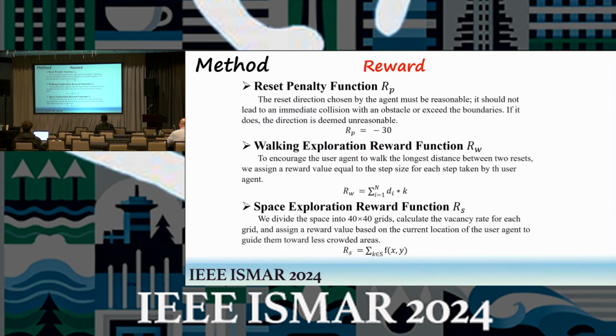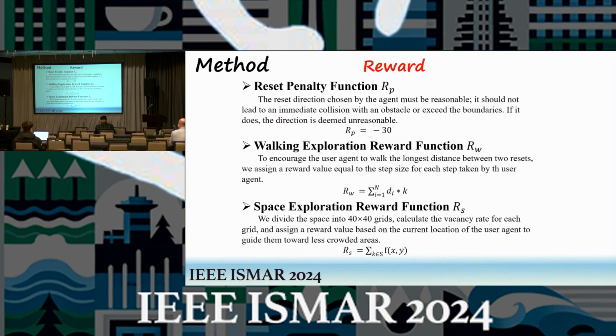To help each agent learn to make optimal reset decisions, appropriate reward functions are necessary as feedback. First, the reset direction chosen by the agent must be reasonable. It should not lead to an immediate collision with an obstacle or exceed boundaries.